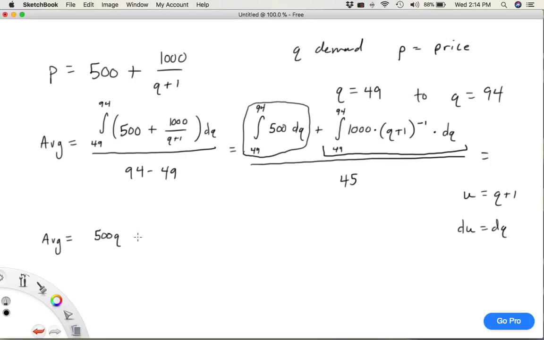And then we can write this integral from 49 to 94 of 1,000 u to the negative 1 times du. Actually, I guess I didn't really need to use that negative exponent. So this u to the negative 1 is just the same thing as dividing by u. And I'm just going to leave it like that.